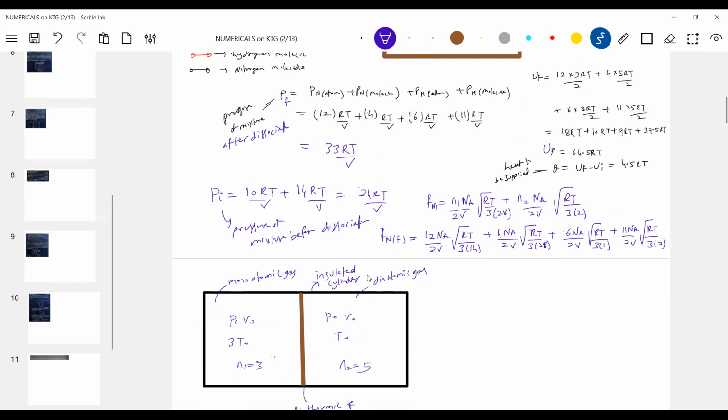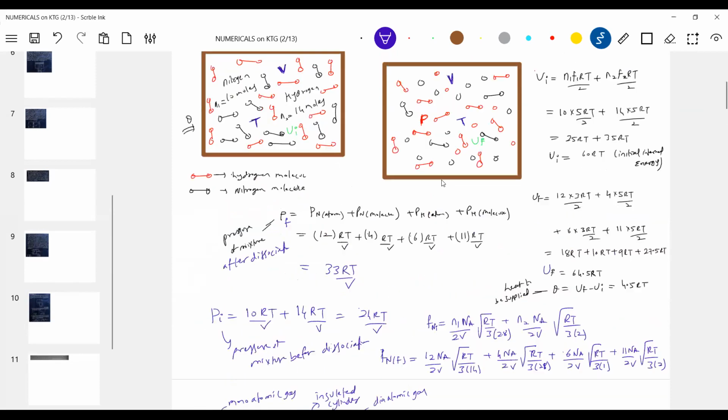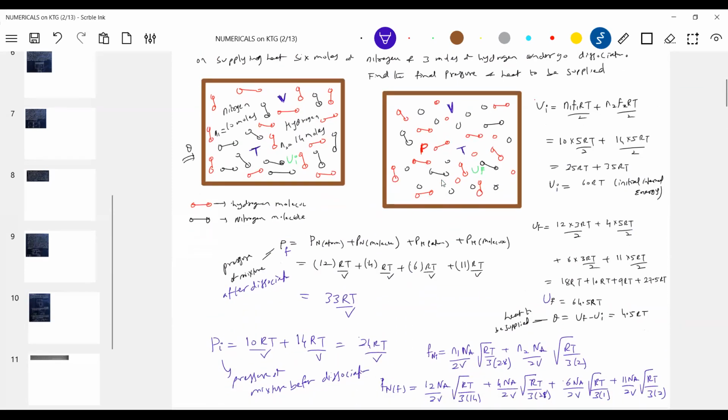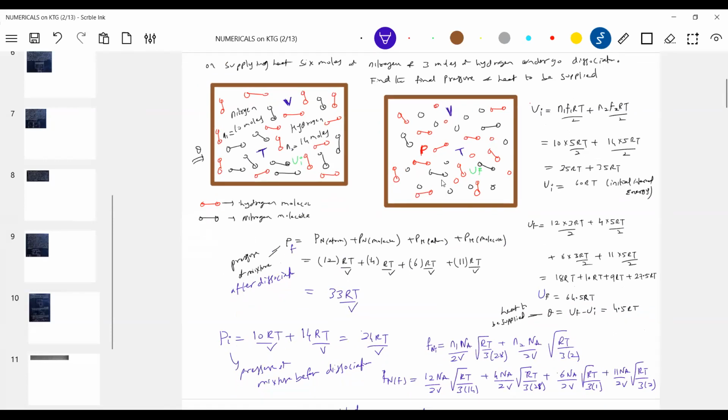The total number of collisions per second per unit area will also increase here. Shall I move down? Initial rate of collision, final rate of collision. Let me add that, this one.